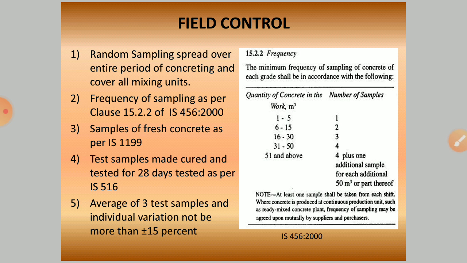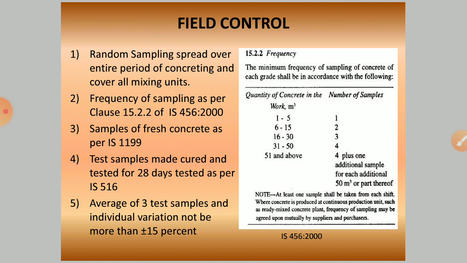Next, you have to take the average of 3 test samples, and individual variation should not be more than plus or minus 15%. These things are given for field control so that you can achieve better field control.